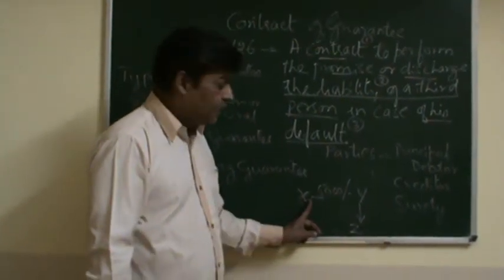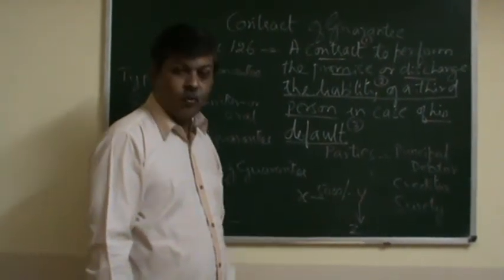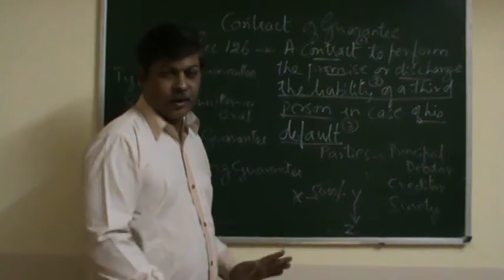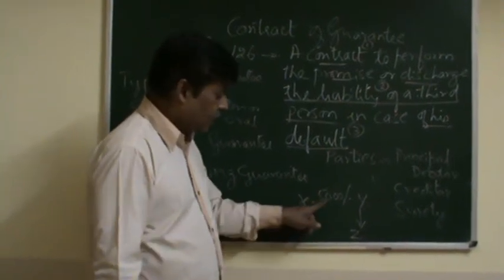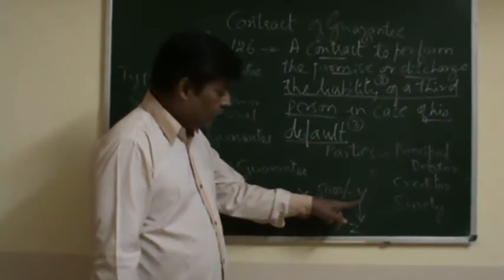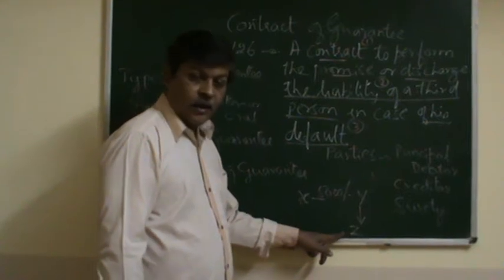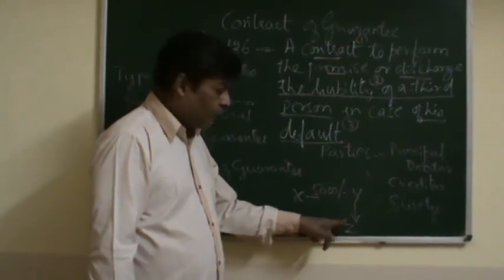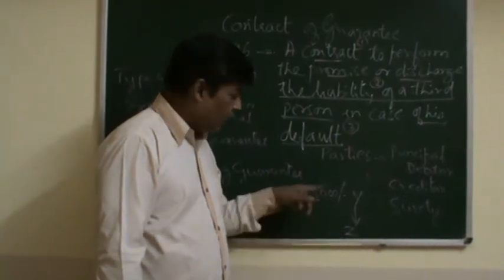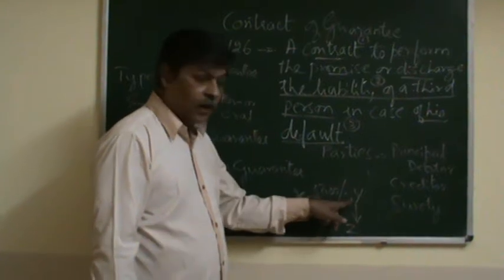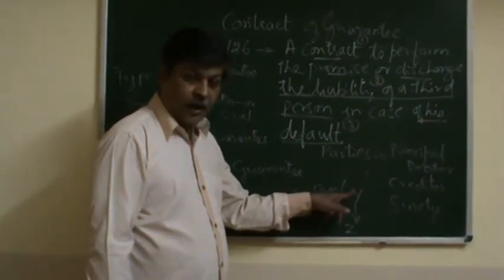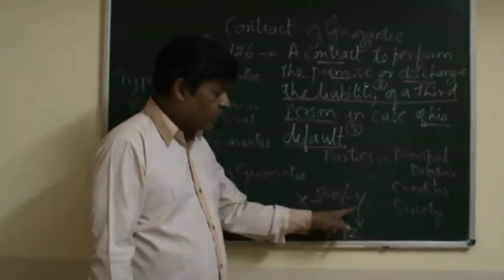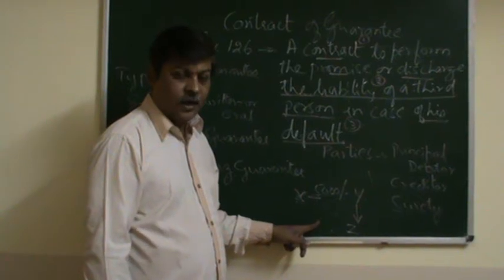If X commits default, Z will pay Y. X has taken 5,000 rupees from Y, and this contract is guaranteed by Z. In case of default by X, Z will pay Y. This is the contract of guarantee.